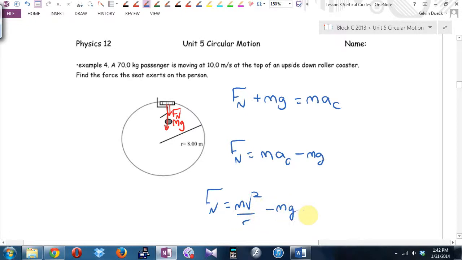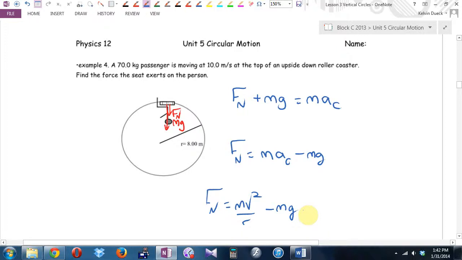Do the masses cancel this time? No. Now, this isn't saying that the ride behaves differently. This is saying that if you're a heavier person, you'll feel heavier relative to a lighter person who feels lighter. Proportionally, it'll be the same, but suppose the answer was you feel twice as heavy, well then a 50-kilogram person would feel they were 100 kilograms, a 30-kilogram person would feel they were 60 kilograms, so the mass shouldn't cancel.